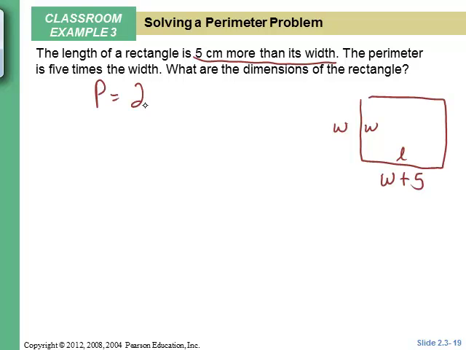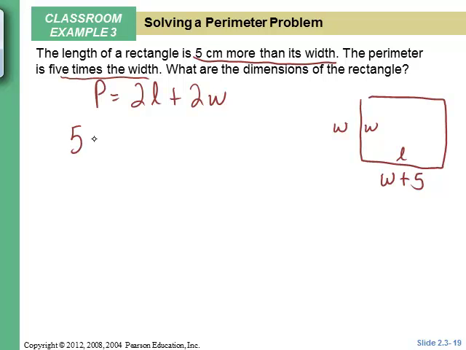Perimeter is twice the length plus twice the width. That's one of the formulas that we wrote down at the beginning of our chapter. And I think we have enough information to solve this problem. Perimeter, it says, is 5 times the width.